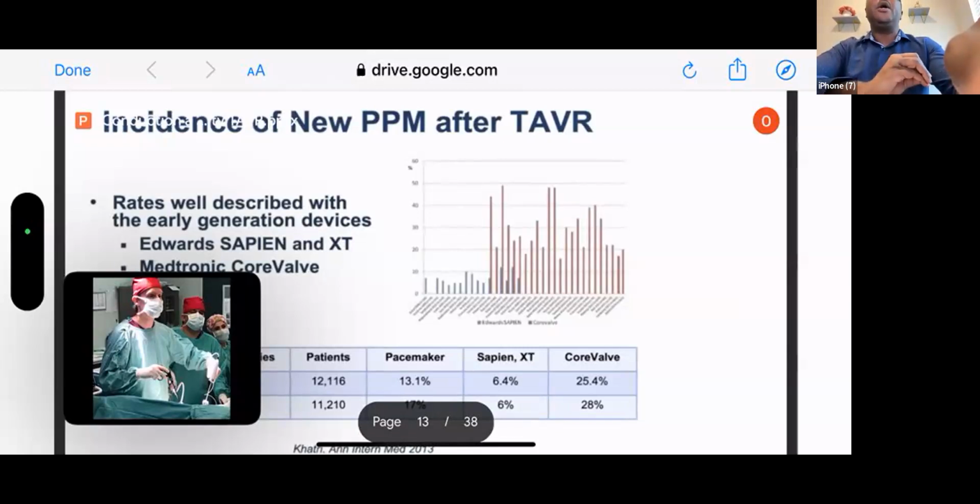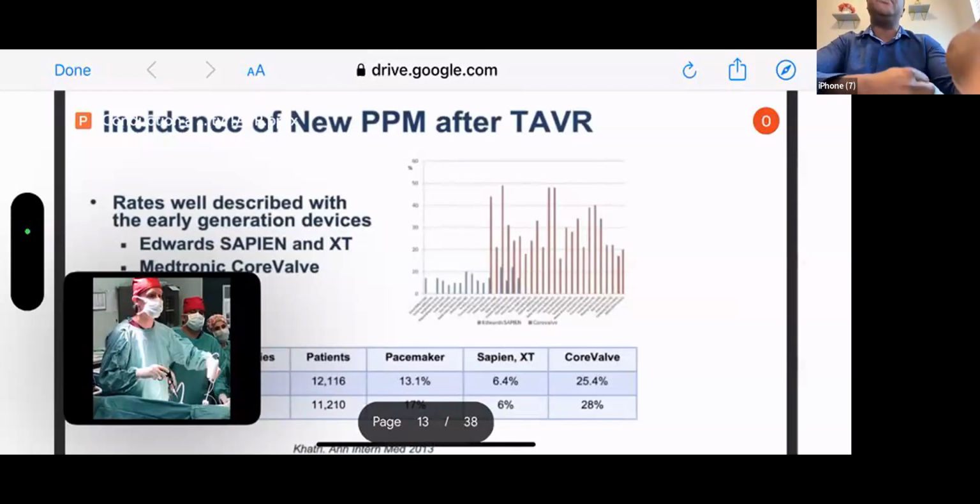So the core valve has more risk of developing conduction abnormality that needs a pacemaker. The rate is about 25% plus or minus, as opposed to the Edwards valve, which is about 6%. So the Edwards valve are safer in terms of conduction abnormality, and the core valve, which are self-expanding valves.